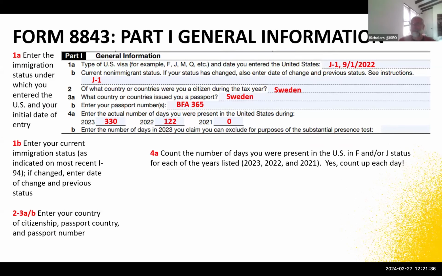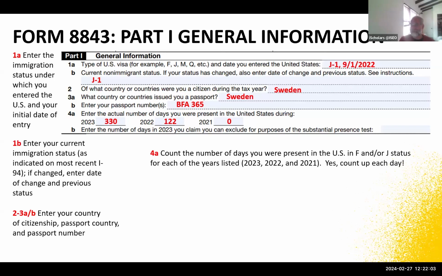But then in 4B, they ask you to enter the number of days in 2023 you claim you can exclude for purposes of the substantial presence test. So this is getting back to your exempt individual status. So again, if you're an F or J student, you can exclude days of presence for up to 5 years, and the J scholar for 2 years.